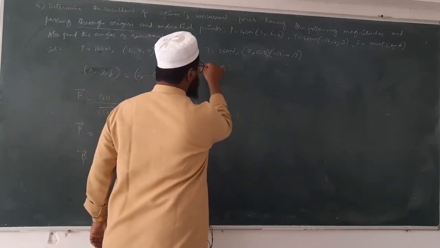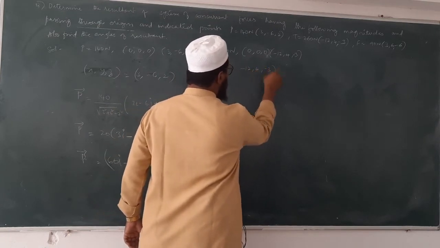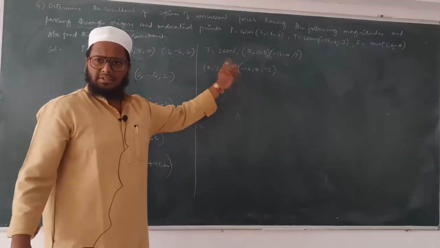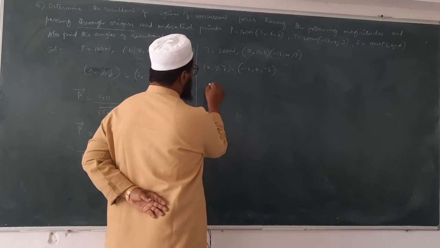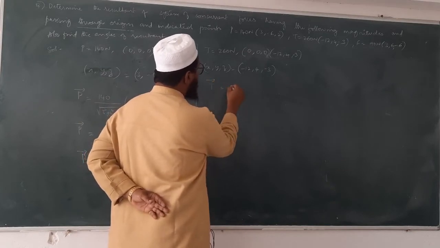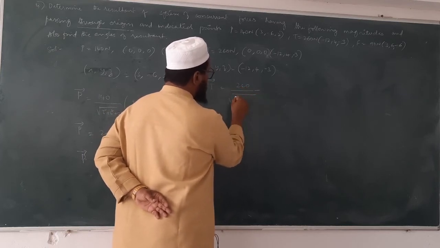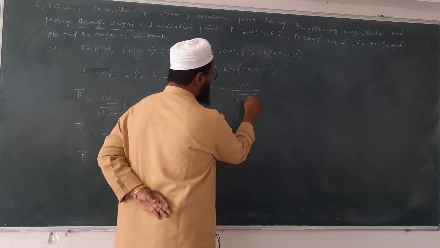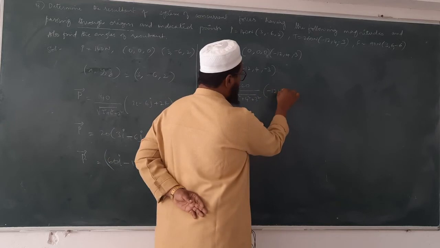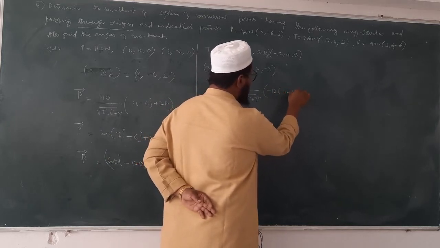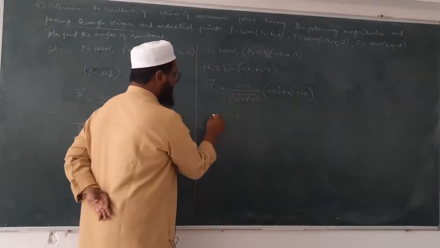X, Y, Z is equal to minus 12, 4, minus 3. Till here, the same thing we are doing. Next, what is the next thing? Vector T is equal to 260 by under root 12 square plus 4 square plus 3 square into minus 12i plus 4j minus 3k.